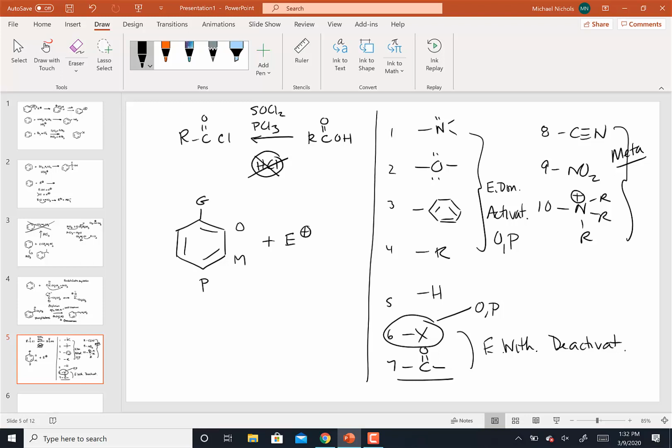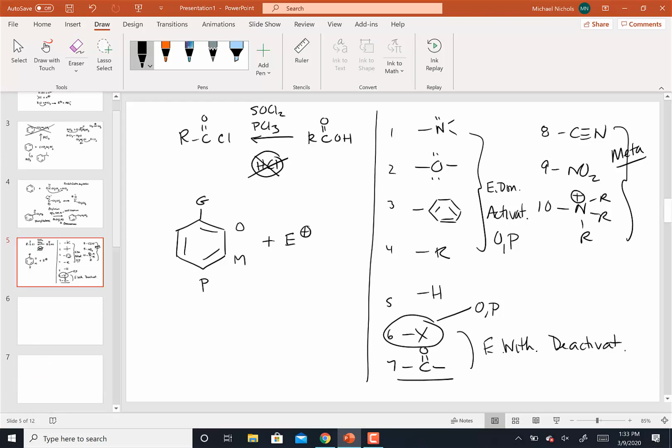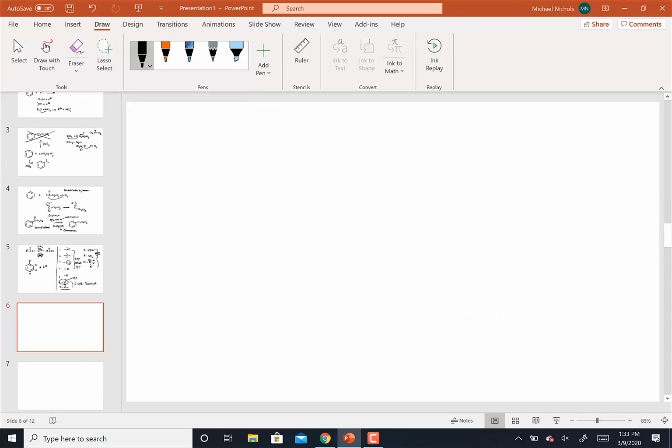So our ultimate goal here is, let's add an electrophile to a substituted ring. What would be the major product of that reaction? So let's start with toluene. Toluene is methylbenzene.